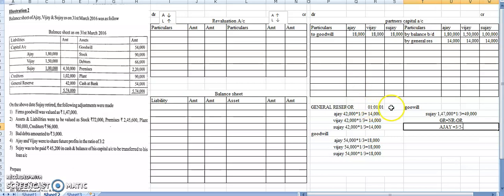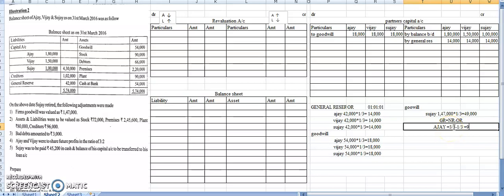The old ratio is 1:1:1, so the old ratio of Ajay is 1 upon 3. Now here we need to do the cross multiplication. So 3 multiply by 3, the answer comes to 9.